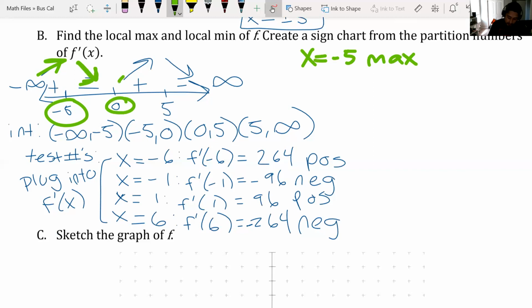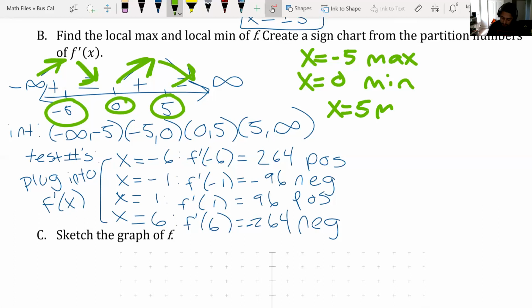We decrease and then increase. This means that x equals 0 is a min. Last number is 5. We increase and then we decrease, which means x equals 5 is a max.